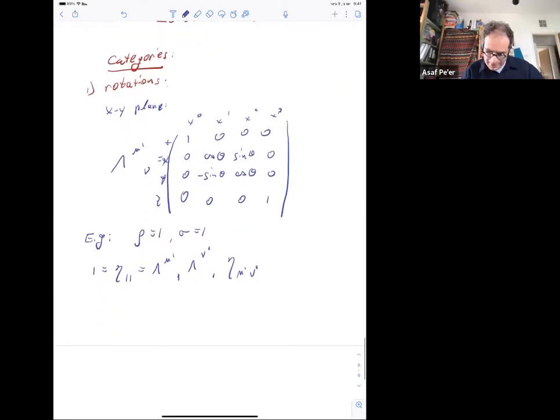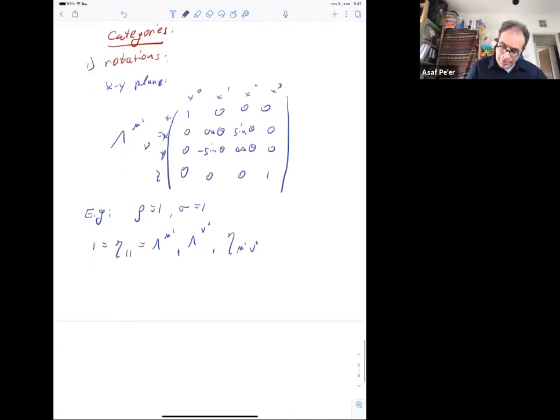So we still have 16 terms here, but eta really helps us, because we only need terms where mu prime is equal to nu prime. Otherwise, everything else is going to be 0. So what will be the non-zero terms?